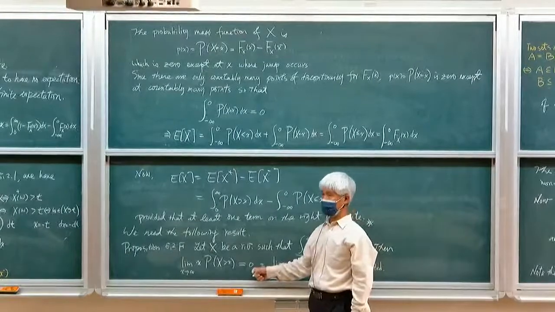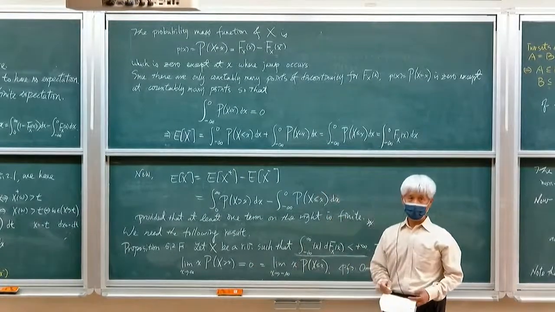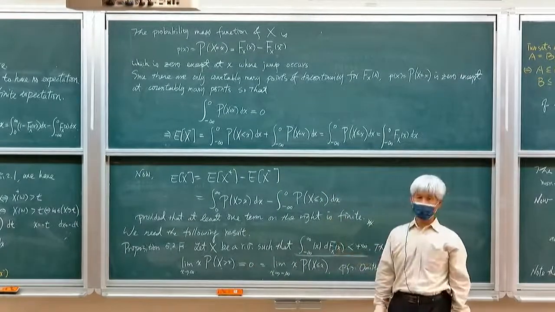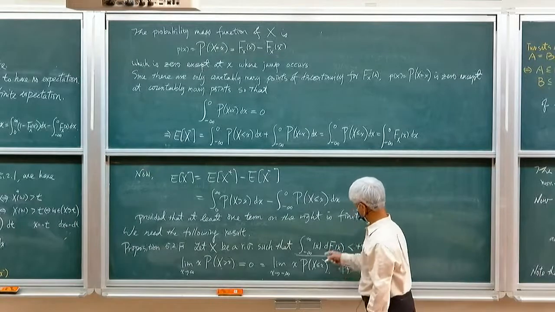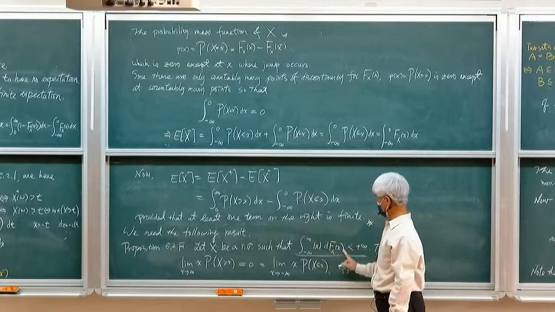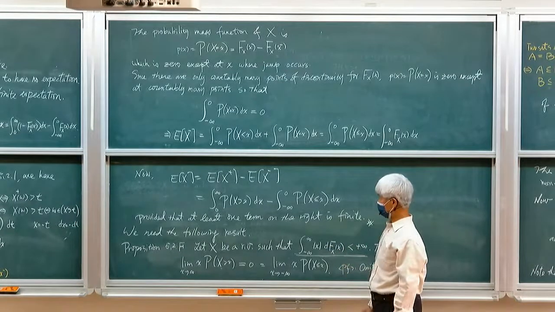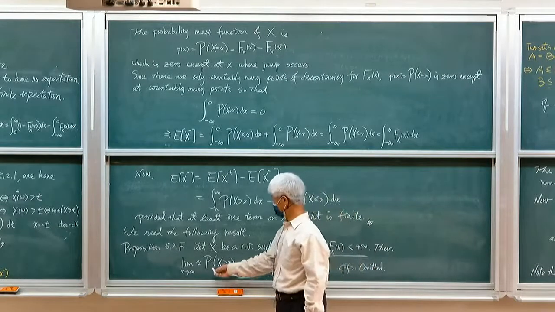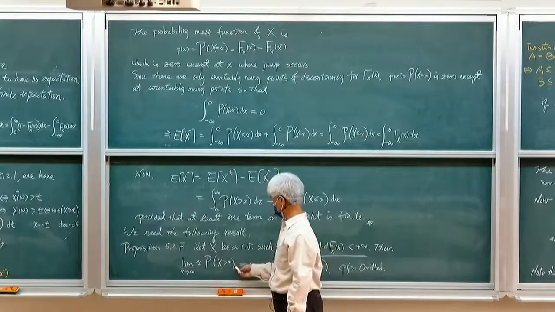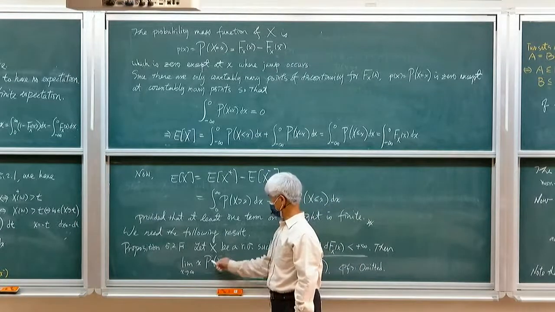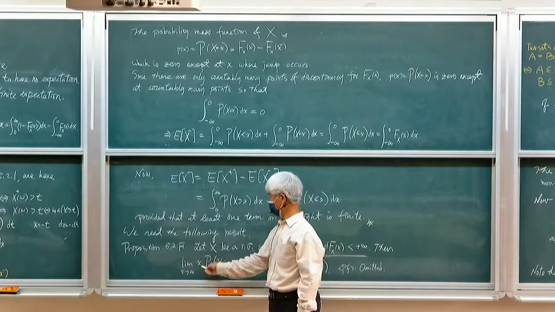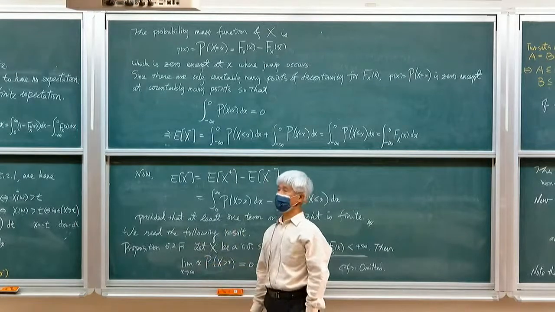Sometimes it will help you to know that if this is indeed the case, then this probability goes to 0 faster than 1 over x.